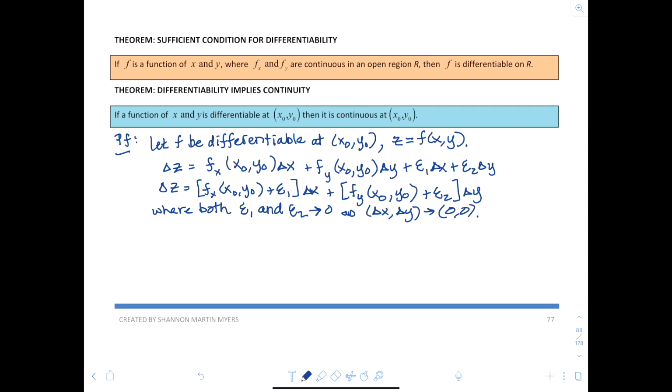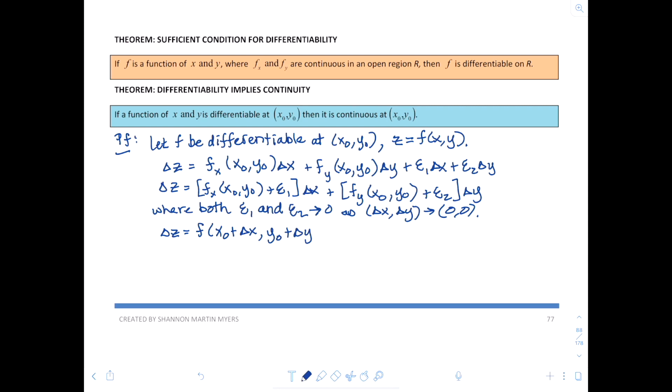But by definition, what do we know? Isn't delta z also equal to f of x0 plus delta x, comma, y0 plus delta y minus f of x0, y0?